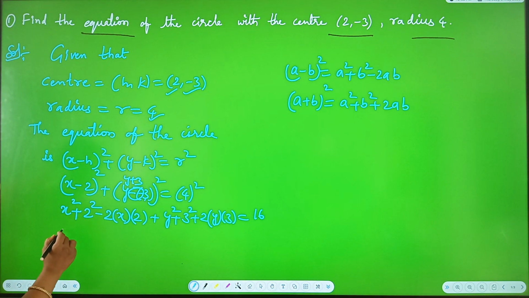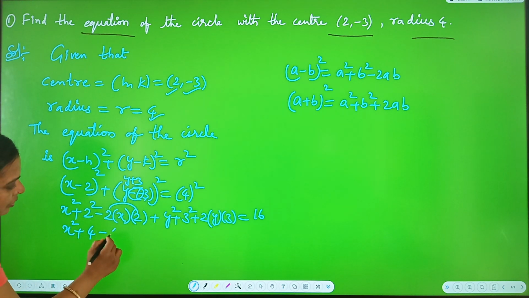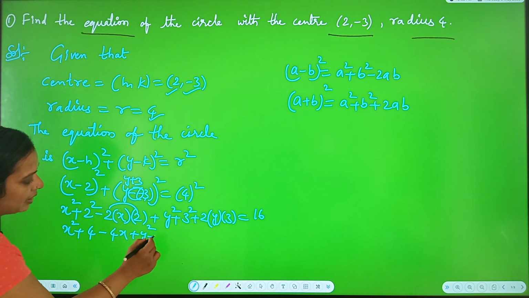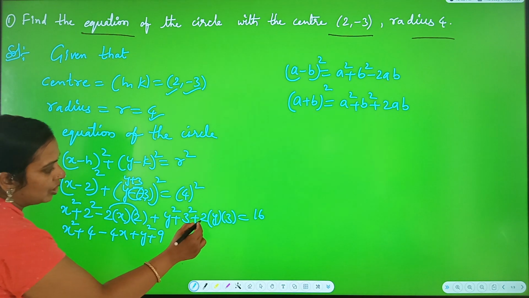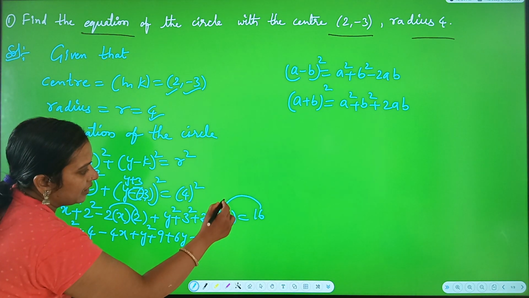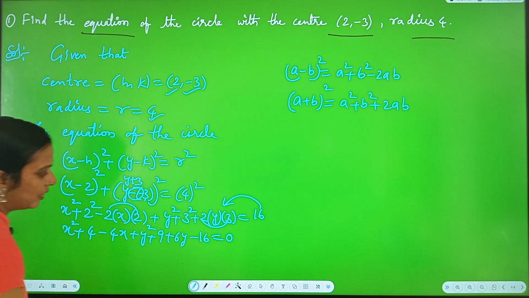Now simplify. x square, 2 square means 4, minus 2 twos are 4 into x, so 4x, plus y square, 3 square is 9, 2 threes are 6 into y. This 16 is taken to the left side, positive 16 becomes minus 16, equal to 0.